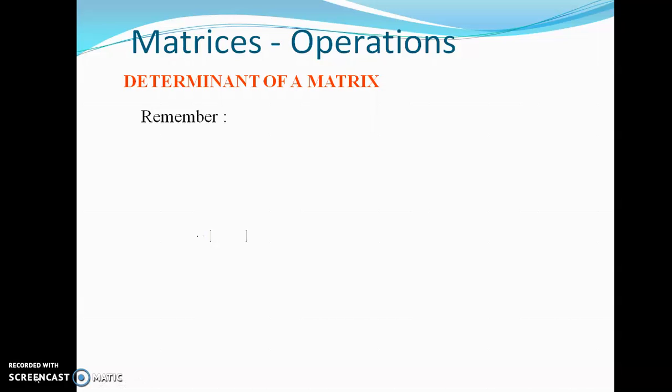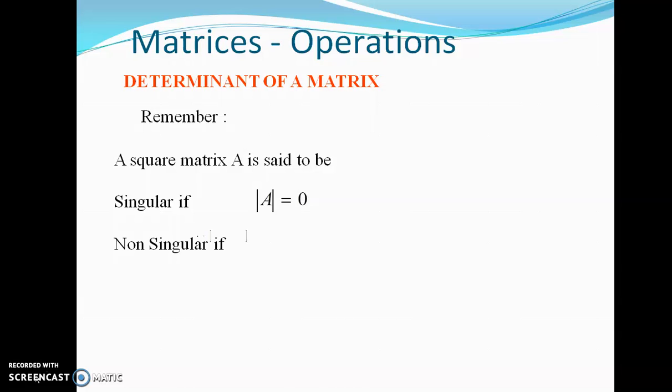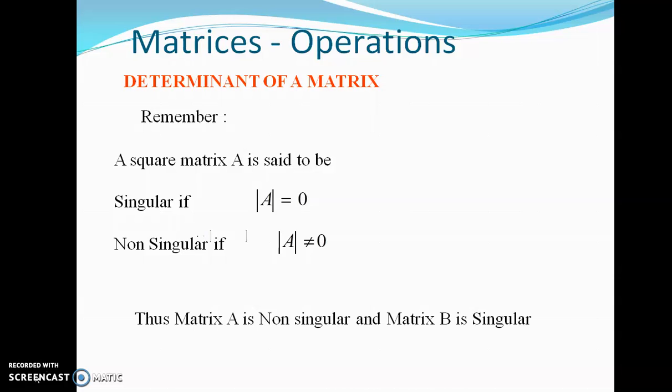In case of determinant, remember, a square matrix A is said to be singular if the determinant of A is 0 and non-singular if the determinant of A is not equal to 0. So in the previous example, with determinant of A as minus 7, A is non-singular, and with determinant of B as 0, B is singular.